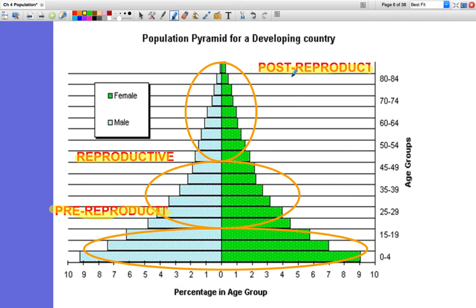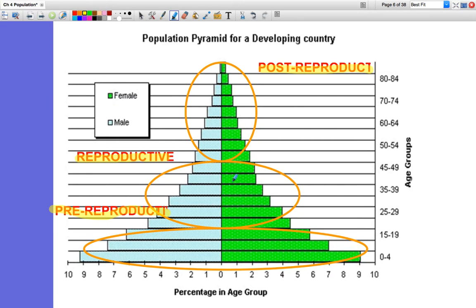Now, of course, there are exceptions to all of these populations, but for the most part, it is pretty consistent that from 0 to 19, most individuals are not reproducing.